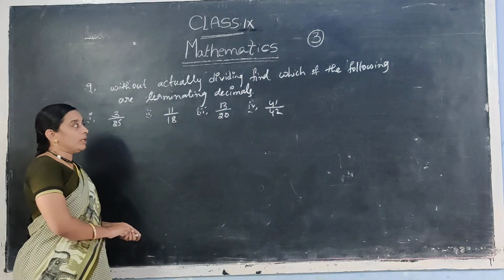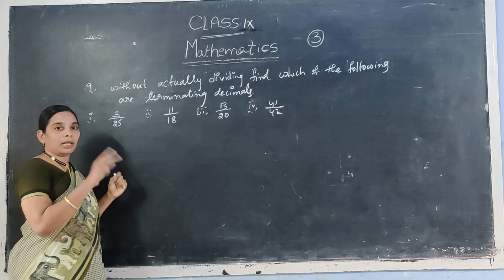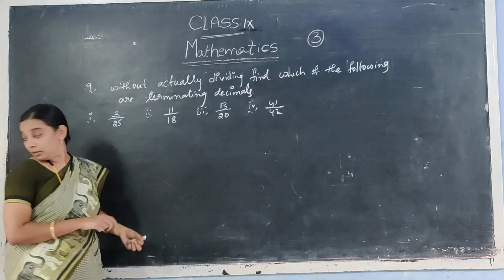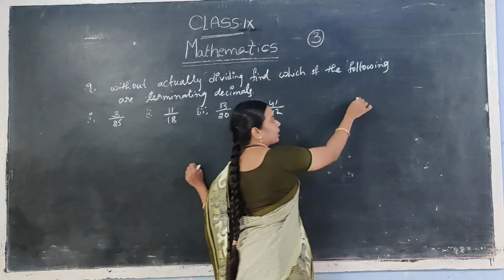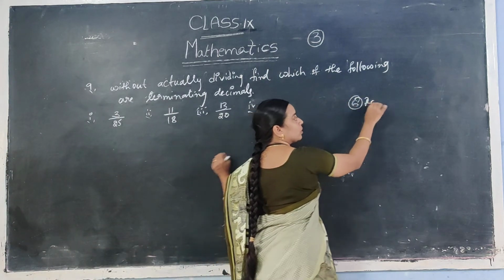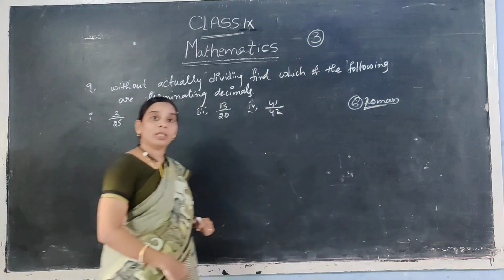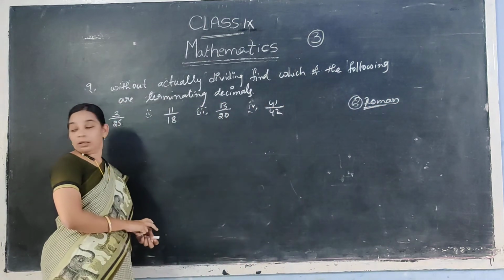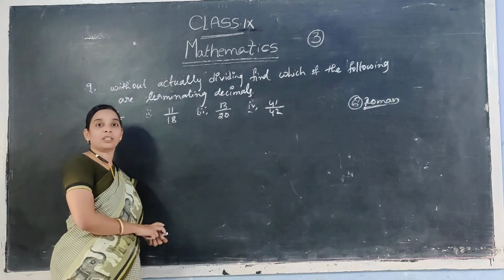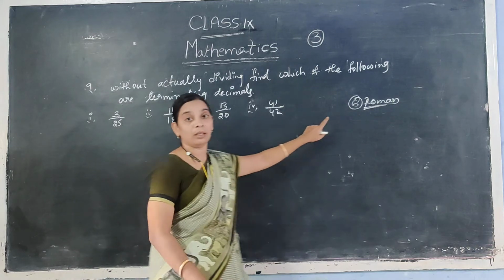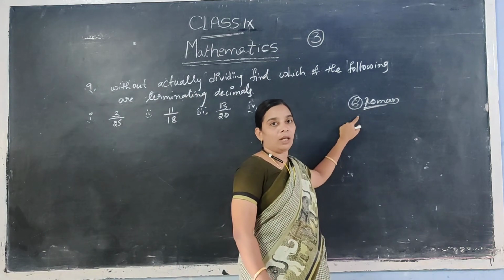Okay, so already in yesterday's class I explained the 6th Roman. What is the 6th Roman? There: express the following rational numbers as decimals. In the 6th question, 2 Romans were given.